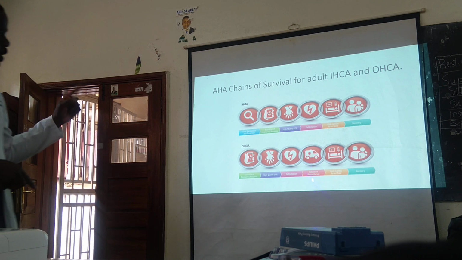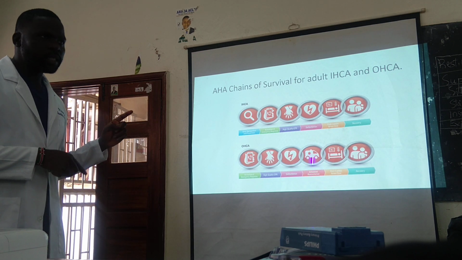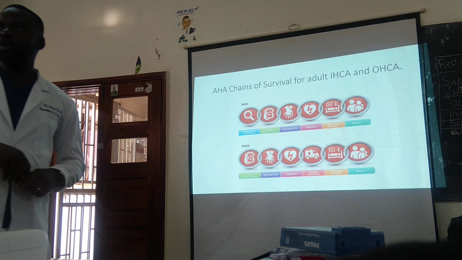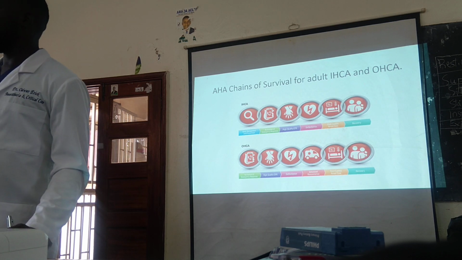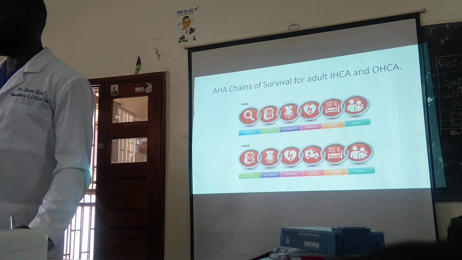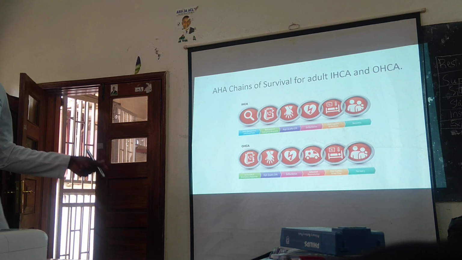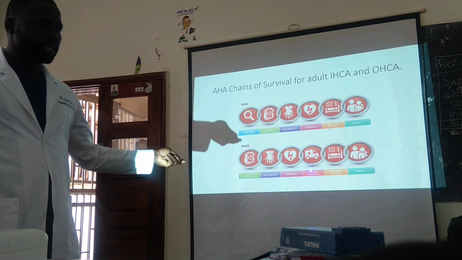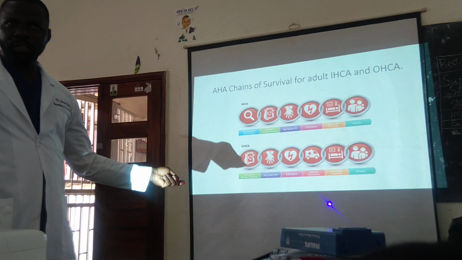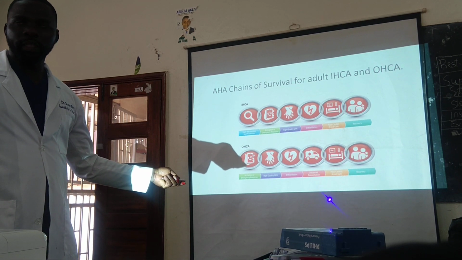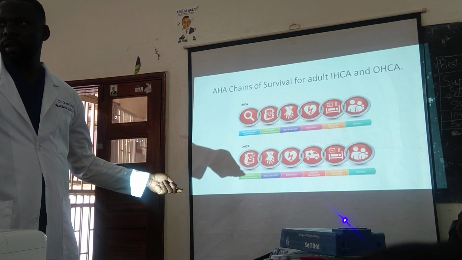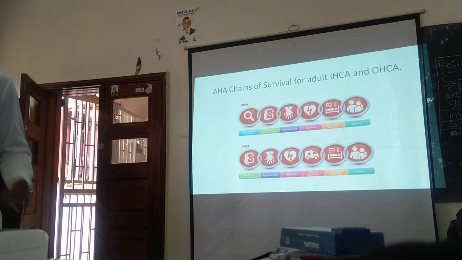Now, depending on what is causing this cardiac arrest will also determine which drugs to use. If it is PEA, for example, causing the cardiac arrest here, which medications are you going to use as your first line? PEA, pulseless electrical activity.